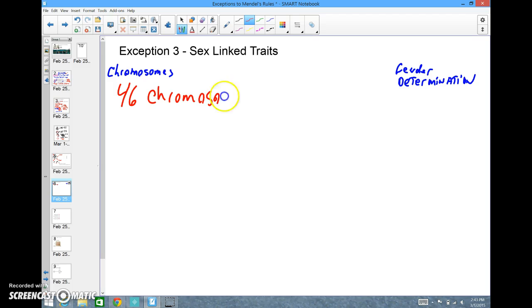Of these 46 chromosomes, 23 are from your mother, and 23 are from your father. Remember, Mendel said every trait has 2 alleles, and 1 allele comes from your mother and 1 allele comes from your father.